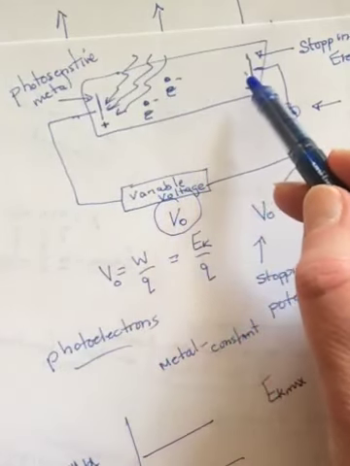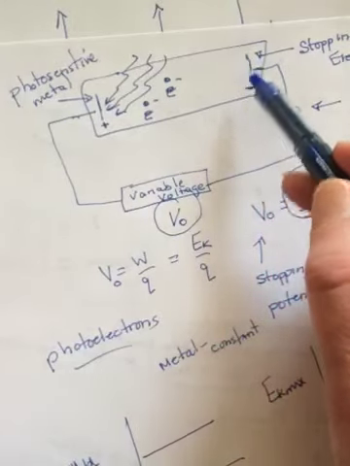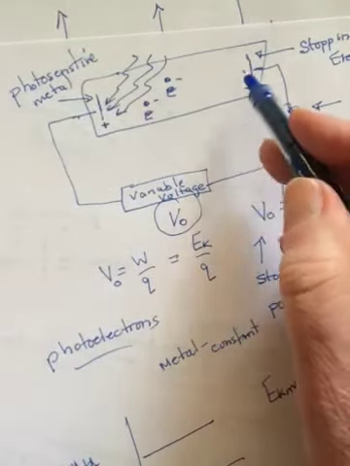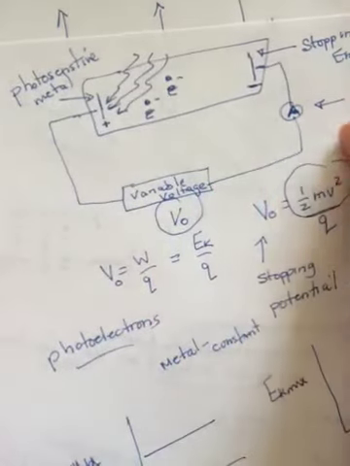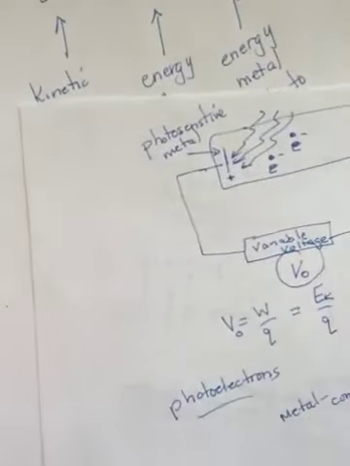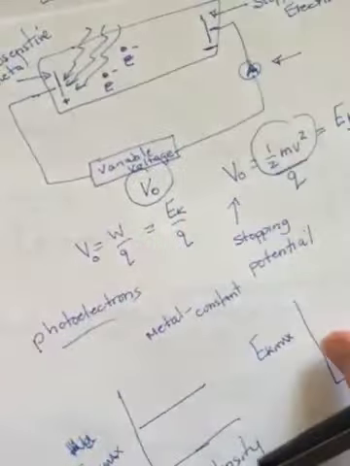A bigger repelling force as they try to make it to this electrode. Okay, and so eventually, if we make it big enough, we can stop all the electrons coming across. And so that's called the stopping potential. Okay, and it's VO.